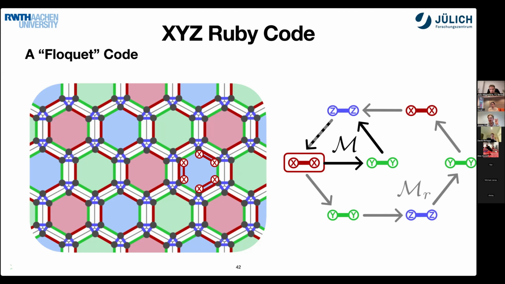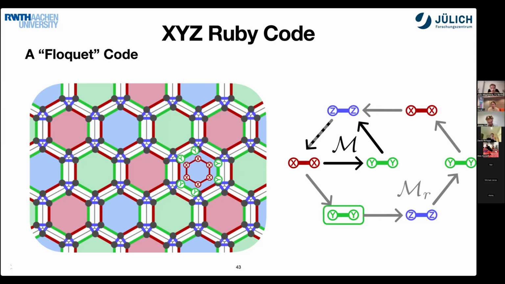If we measure XX operators, we will project into some eigenspace of these. In the next step, if we measure YY operators, then these Y operators anti-commute with the X edges. However, the product of all X edges is still commuting with the Y measurements and will therefore still be in the overall stabilizer group. And let's say in the third step, we measure the ZZ operators.